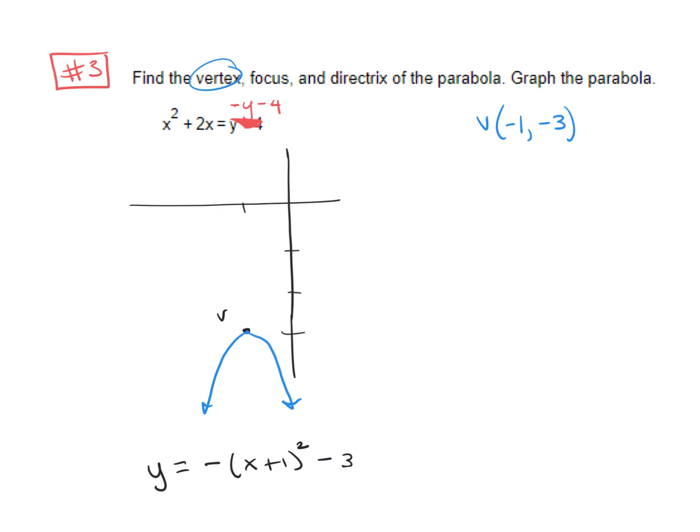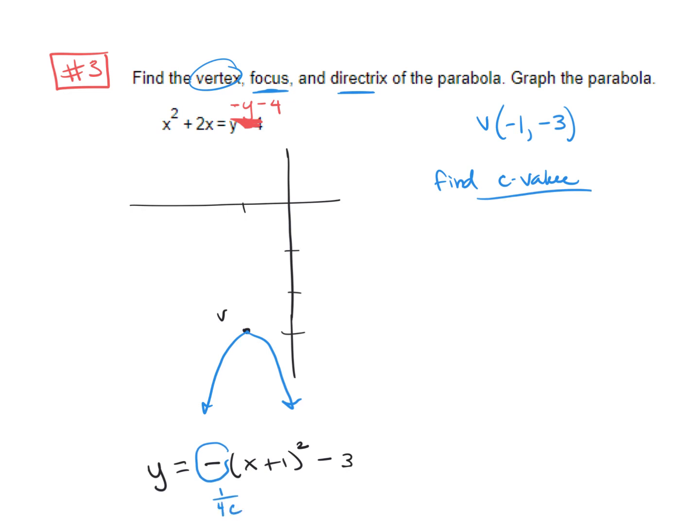The other things we need are the focus and the directrix. To find those, we need to figure out what our C value is. So we have to find the C value. Now, the equation for a parabola on your formula sheet has, in front of your parentheses, a fraction, 1/4C.